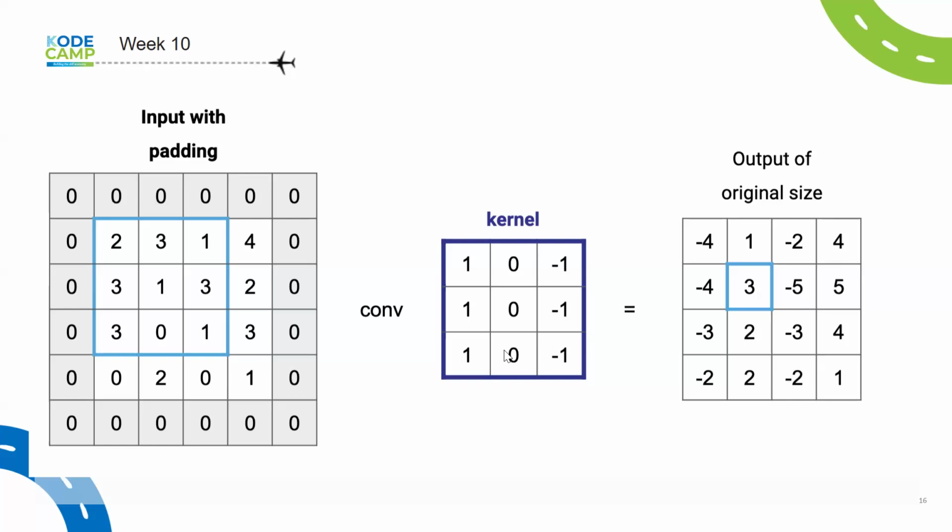So this is a good example. Here you will see that it has ones on the left hand side and it has -1 on the right hand side and it has 0 in the middle. So it means that it will have the highest value when there is a color change.